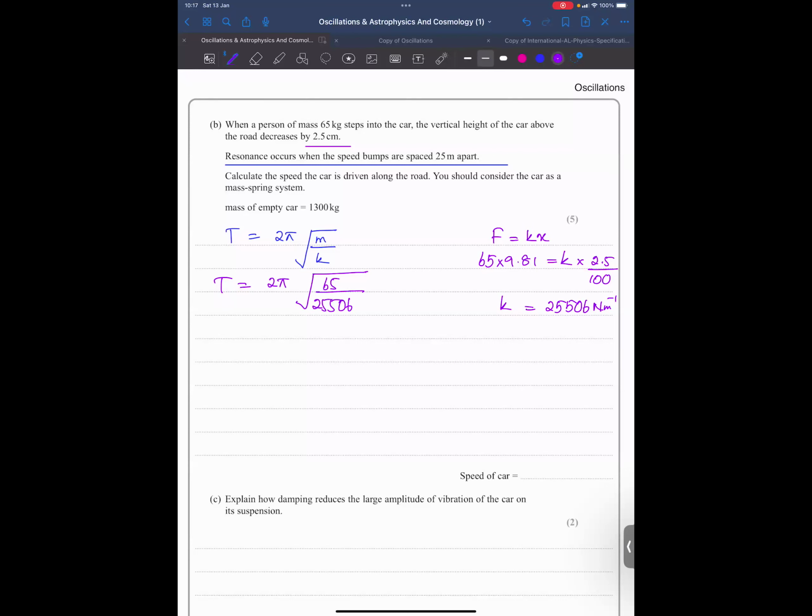No, but here, when you find the time period, you have to take the total mass, right? 1,365, which is 2 pi square root of 1,365 over 25,506, which I am getting 1.45 seconds. This is the time period of oscillation.